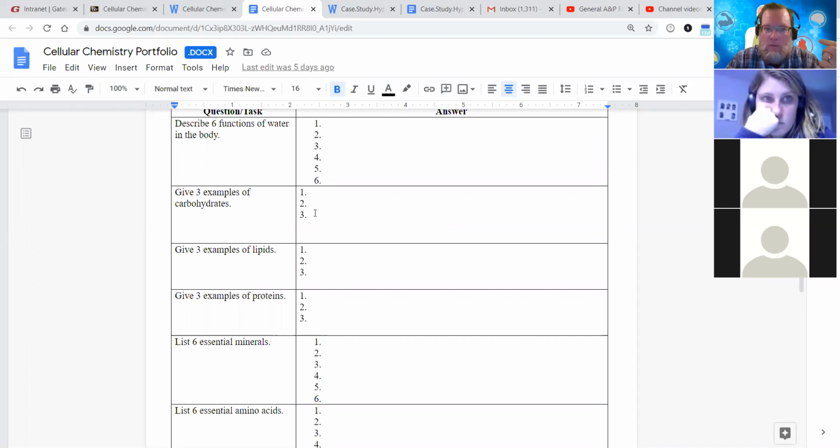The oses for carbs, and for lipids, we're looking at OLs, like glycerol or triglycerides, HDLs, LDLs, types of lipids. But you can put foods, butters and creams and all the yummy stuff. Proteins, same thing. You can give me examples of proteins.